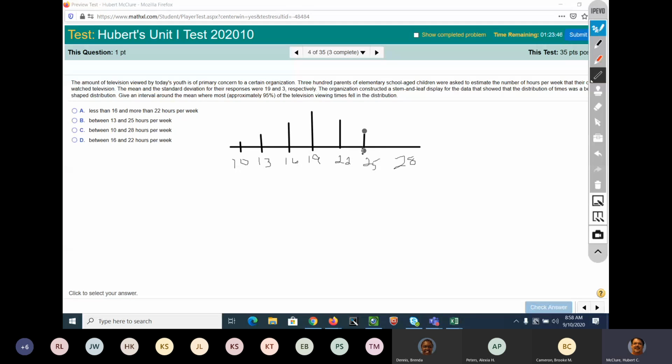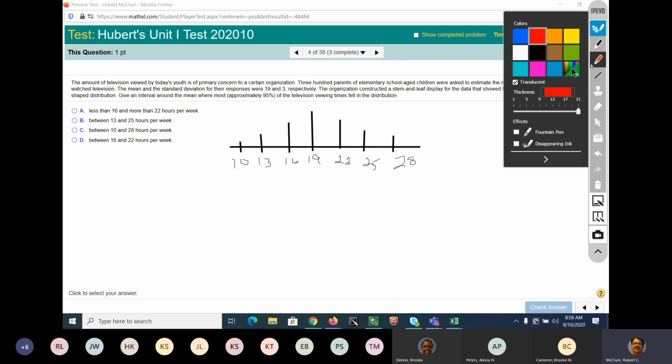Okay, to keep from messing it up, I'm not going to do the curve. Y'all can see the curve right there. All right, here is our, let me pick a green. And we know that 2 standard deviations is normal by the empirical rule.